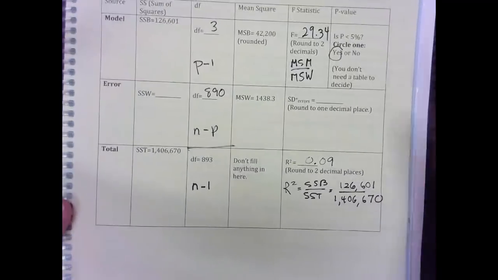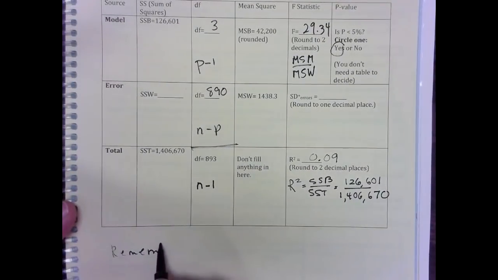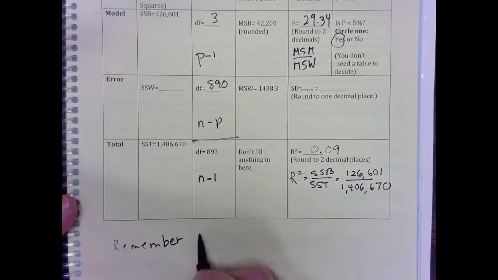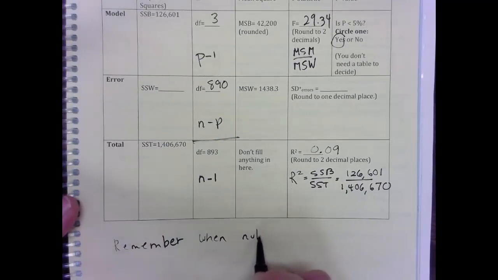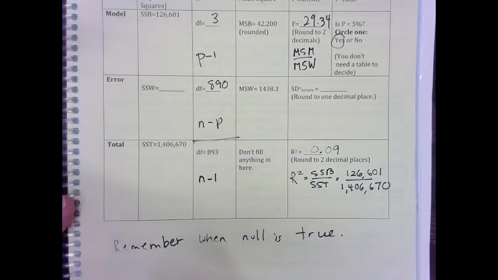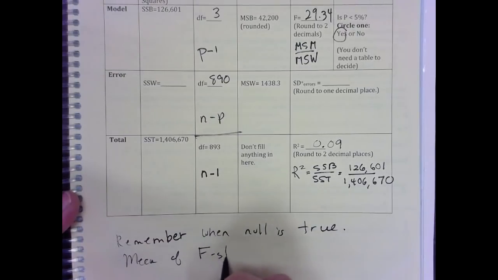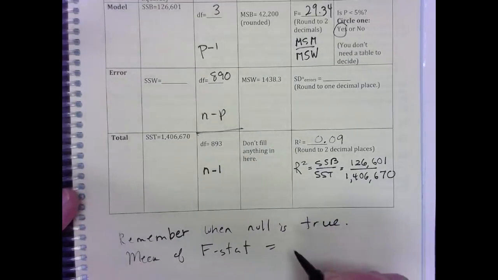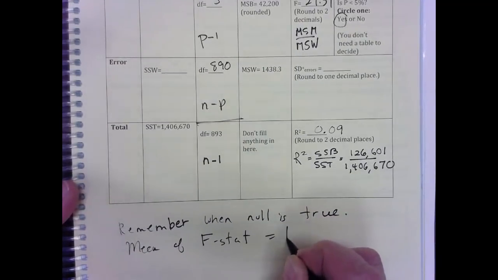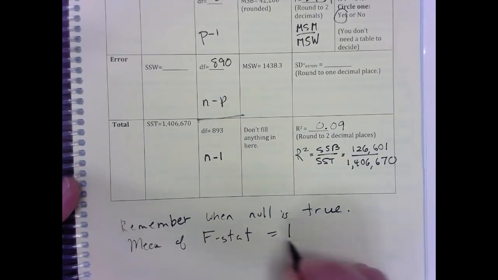Because remember, when the null is true, the mean of the F statistic is approximately 1, very close to 1.